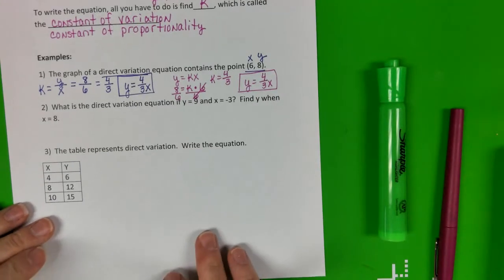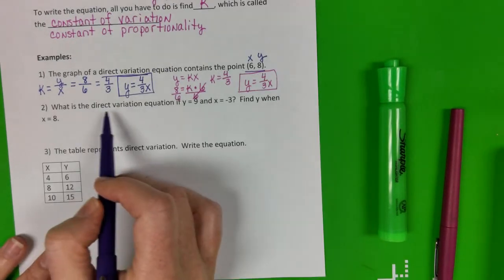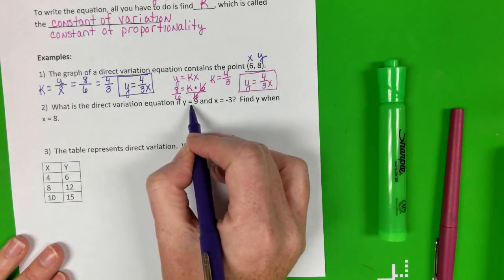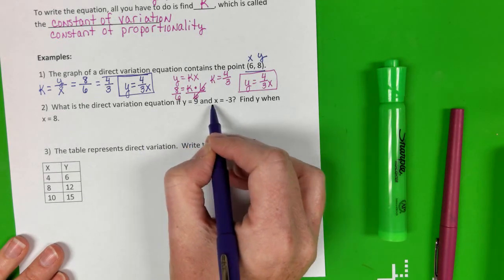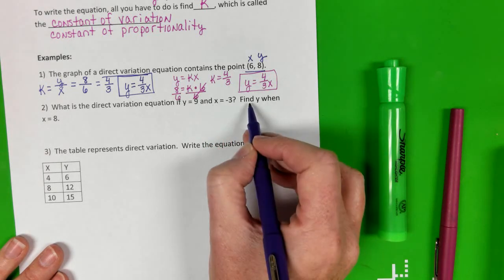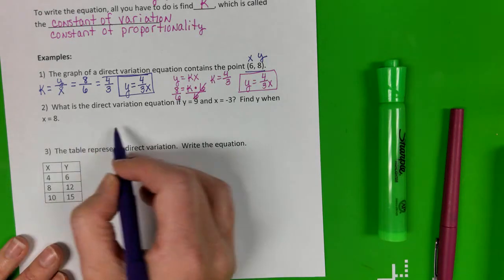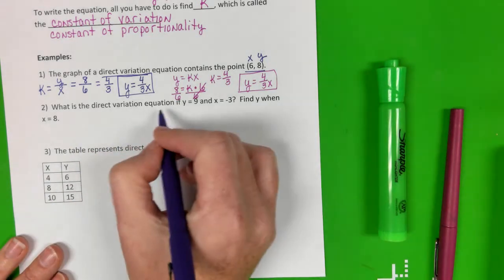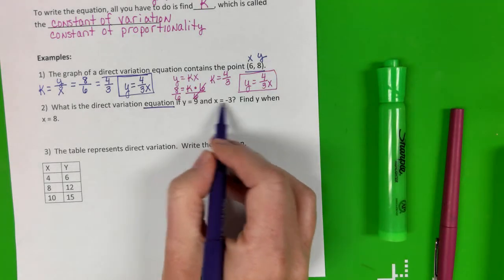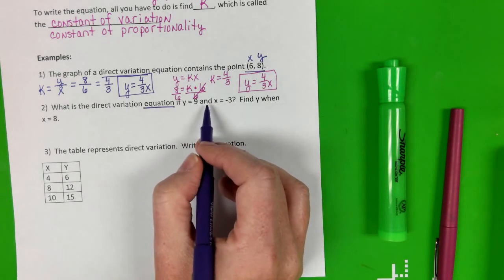Okay, here's another example. What is the direct variation equation if y equals 9 and x equals -3? And then it says find y when x equals 8. Okay, so the first thing we need to do is write our equation. They gave us an ordered pair, just in a little bit different way.